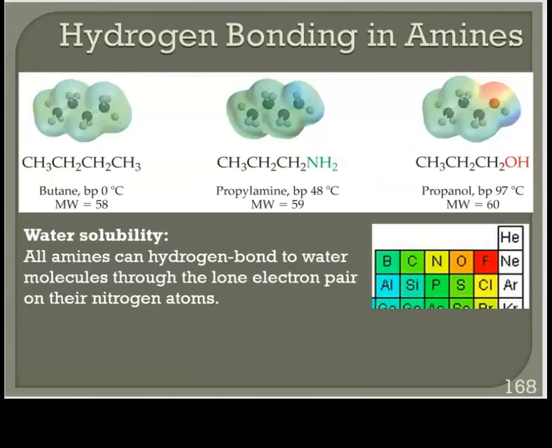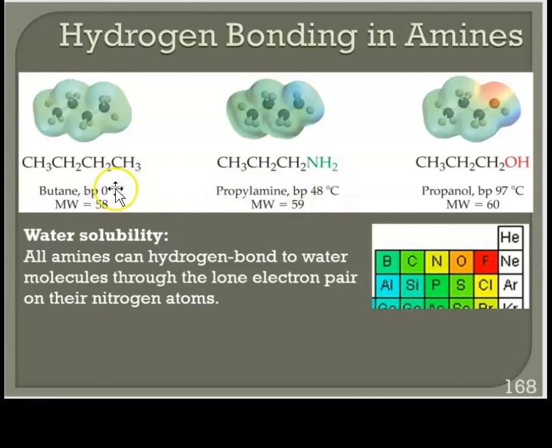As you might also expect, similar to the amides, amines also have the ability to hydrogen bond because of the hydrogens attached to them, at least depending on whether it's a primary or secondary amine. Because of this, we have a slightly higher boiling point, right?